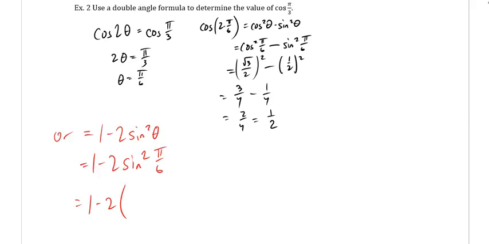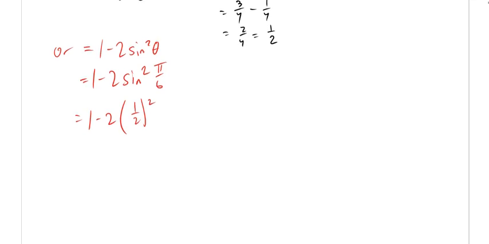Sine of pi by 6 we've already done, right? It's a half. So a half squared, which is 1 minus 2 times 1 over 4. Those cancel. I'm left with 1/2. 1 minus 1/2 is 1/2. Yes.